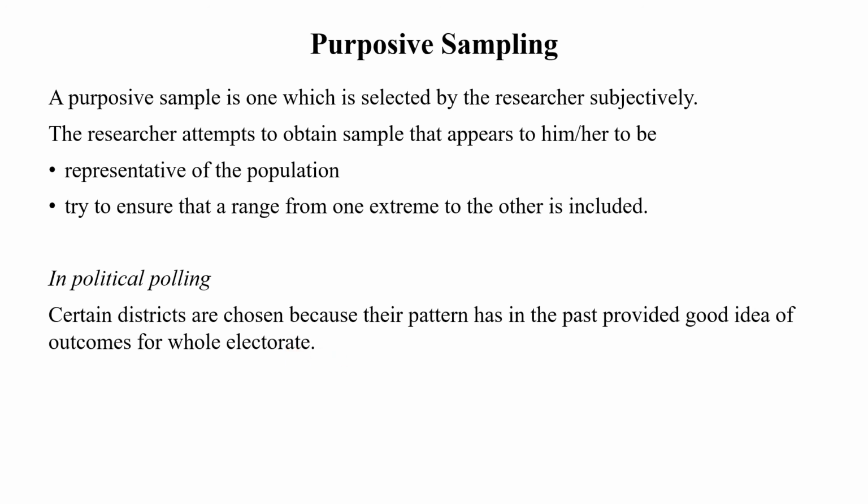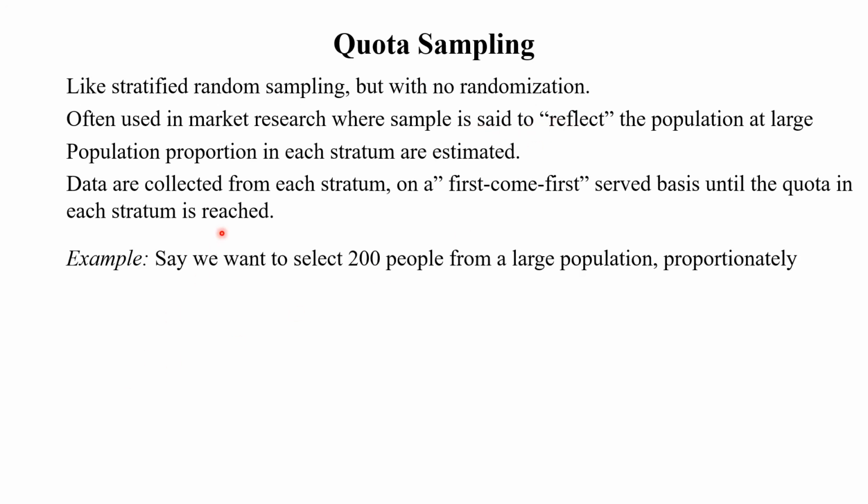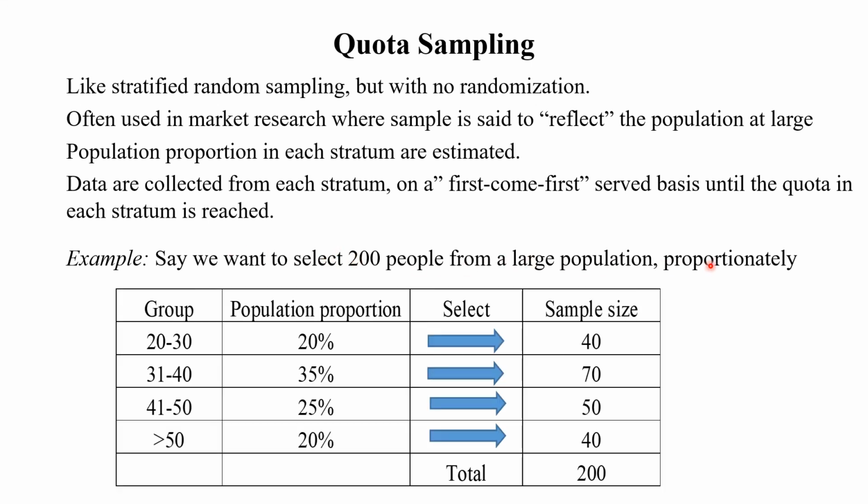That's purposive sampling. Quota sampling. Quota sampling is like stratified random sampling, we still stratify the population, but there is no randomization, right? At least it reflects the population at large, right? Say you want to study 200 people from a large population proportionately. We are interested in age groups, and all the age groups must be covered. So, these are estimates, we know there are 20% of people in this group, 35%, and so on.